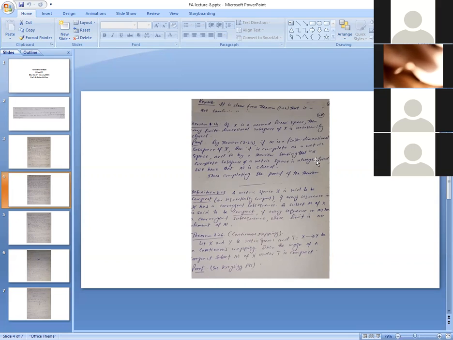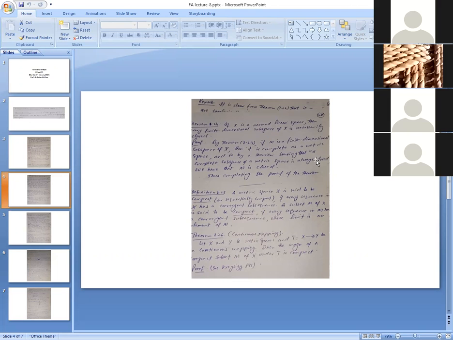We say that a subspace of a nonlinear space is closed if you consider any convergent sequence in the subspace converging to some limit, and if that limit also belongs to the subspace, then the subspace is closed. Or for that matter, you can say that the set is closed. There we wrote set, but you see a subspace is also a set. So this result is true for this subspace.